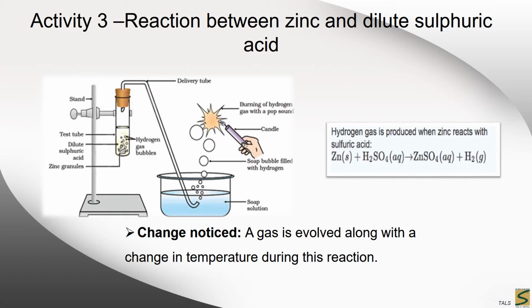Zinc reacts with sulfuric acid and forms zinc sulfate plus hydrogen. The change noticed here is that a gas is evolved, and a change in temperature is also noticed because hydrogen gas has a high calorific value.